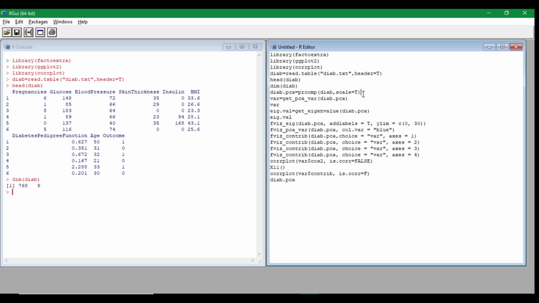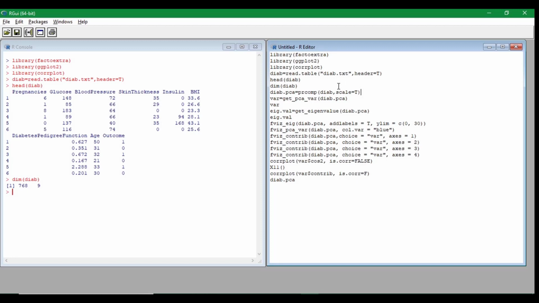Now we need to understand the difference between using the correlation matrix and the covariance matrix. So we use the covariance matrix when the units of measurement of all our attributes are the same, and we use the correlation matrix when the units of our attributes are different.